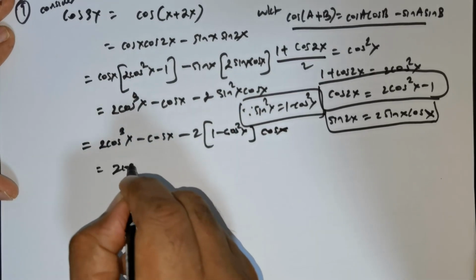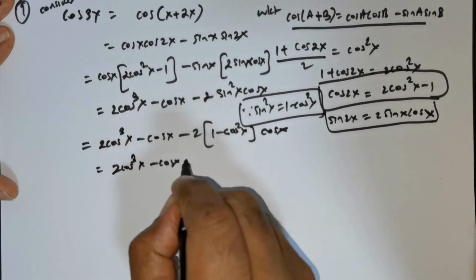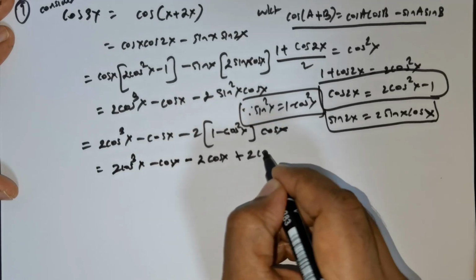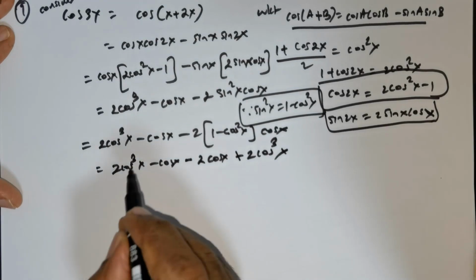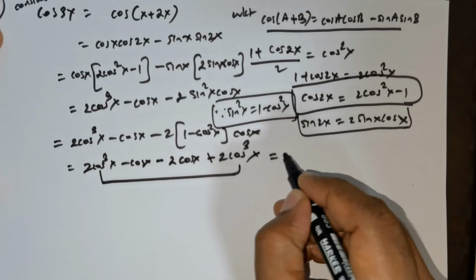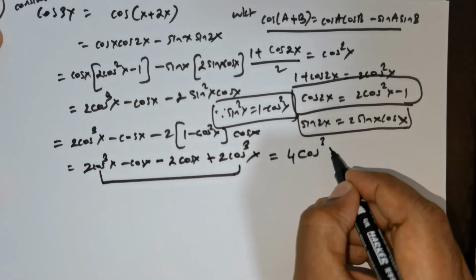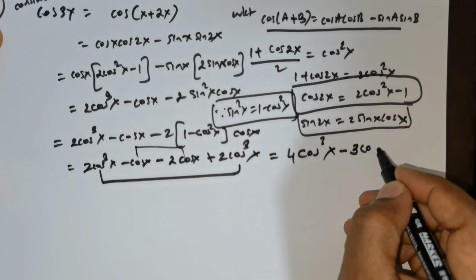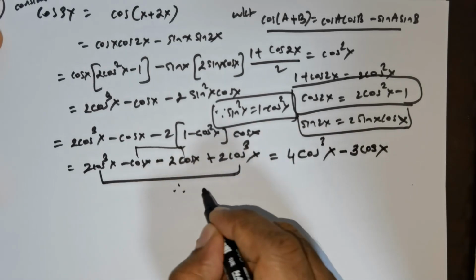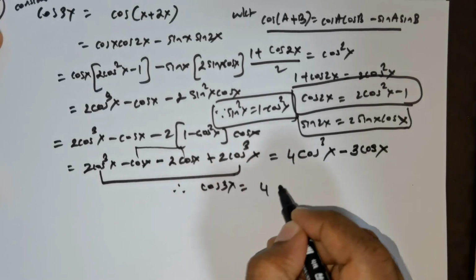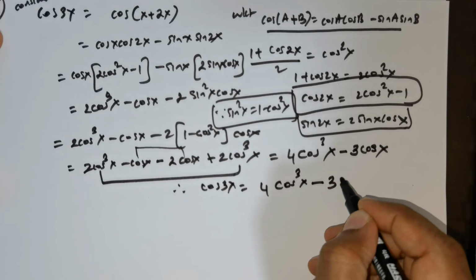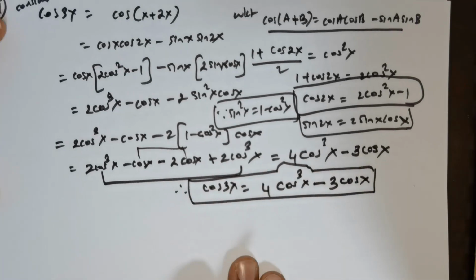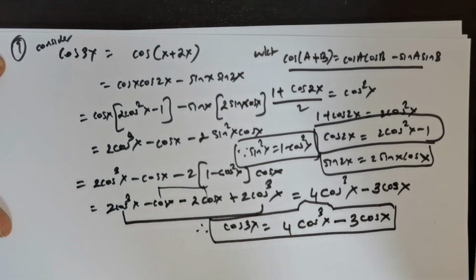So this is equal to 2 times cos cubed x minus cos x minus 2 times cos x plus 2 times cos cubed x. Now 2 times cos cubed x and 2 times cos cubed x can be added, giving me 4 times cos cubed x. Minus cos x and minus 2 times cos x can be added, giving me minus 3 times cos x. So therefore what do we have? Cos 3x is equal to 4 times cos cubed x minus 3 times cos x. So this is the all important result we have. So that is the end of problem number 9.